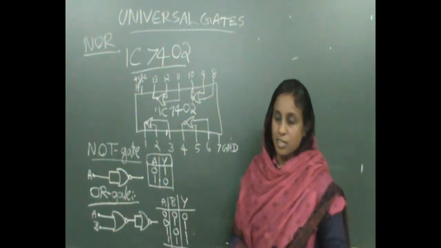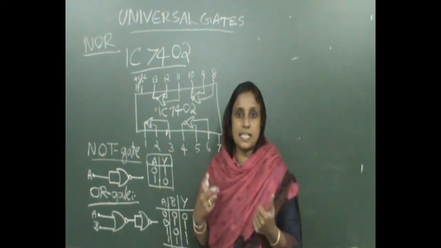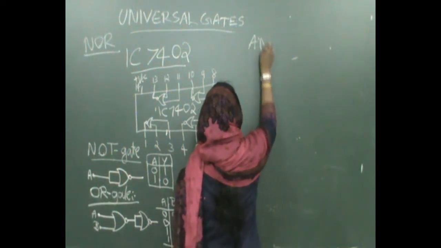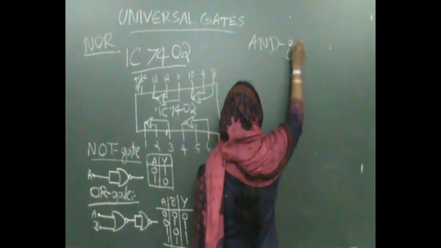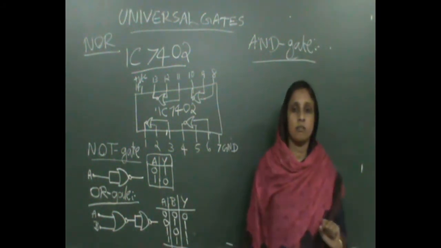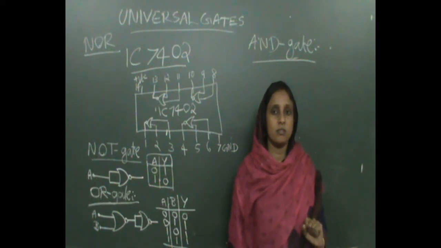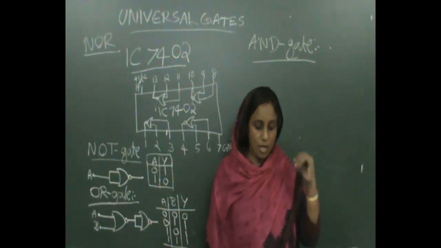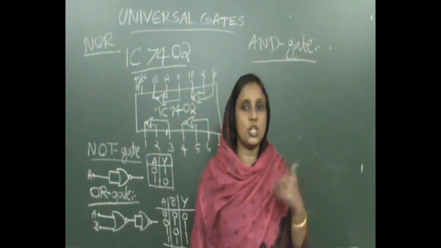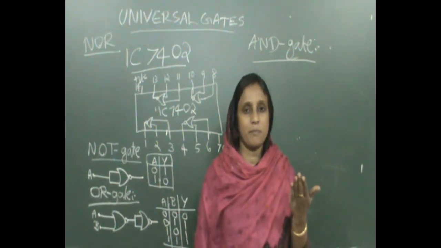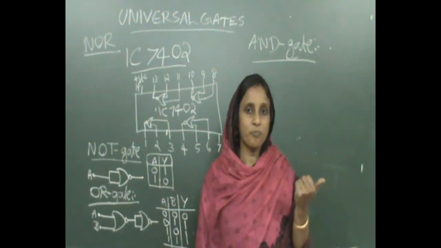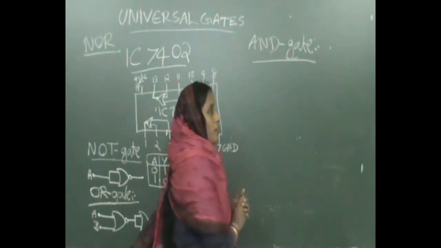Now we want to know how to construct the AND gate. How can we construct an AND gate using NOR gates?